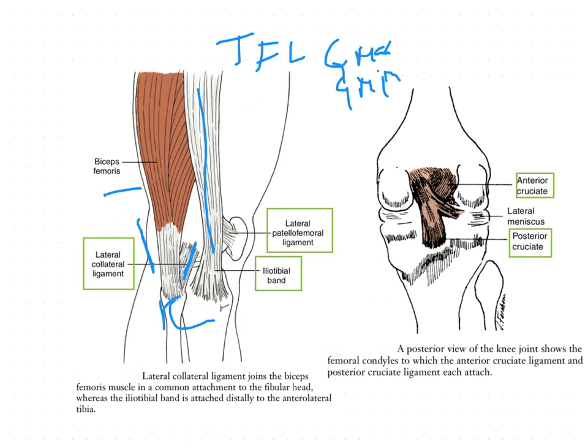It continues distally to attach to the linea aspera of the femur through the lateral intermuscular septum, and is inserted into the lateral tubercle of the tibia, which reinforces the anterior as well as the lateral aspect of the knee joint.